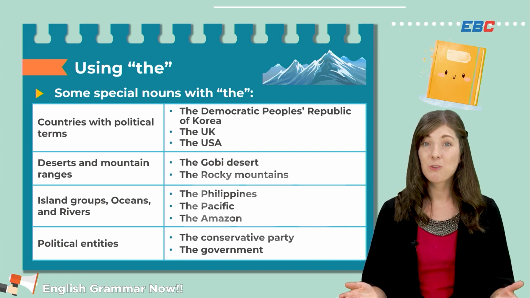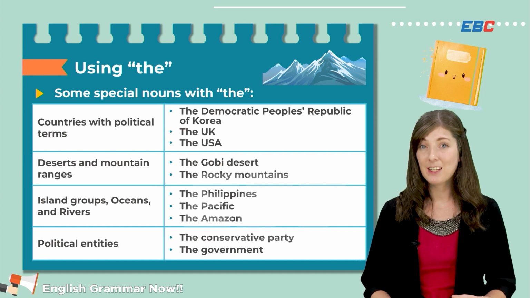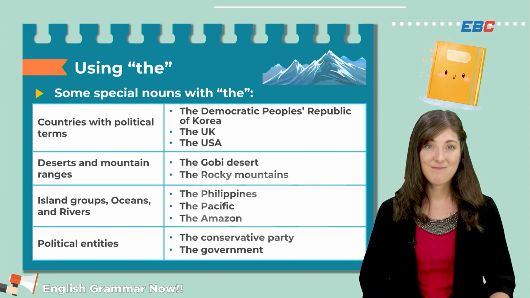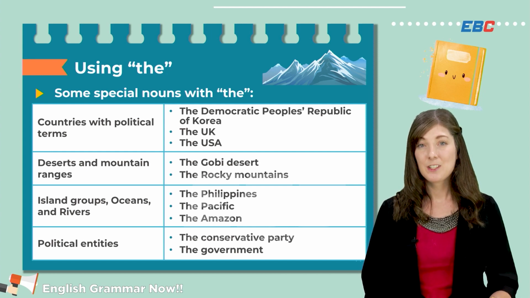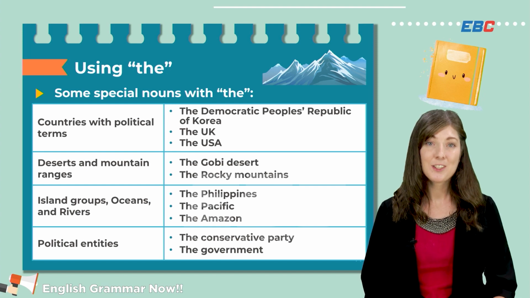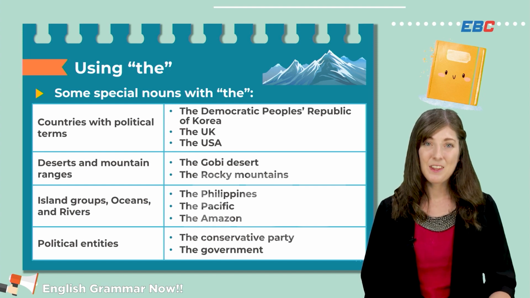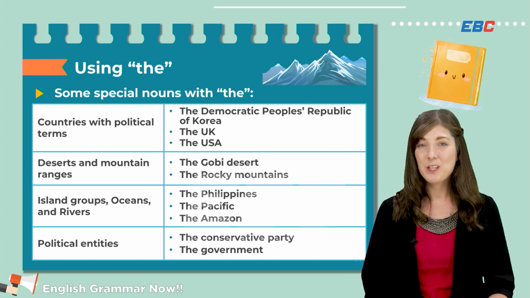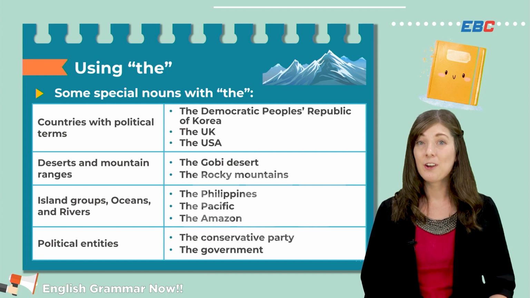We use the for all of those. The Philippines, the Pacific, the Amazon. We also use the if we're talking about political entities. So, for example, the Conservative Party or the government. These are kind of unusual, and we do have to memorize them because the is used in a lot of different ways.